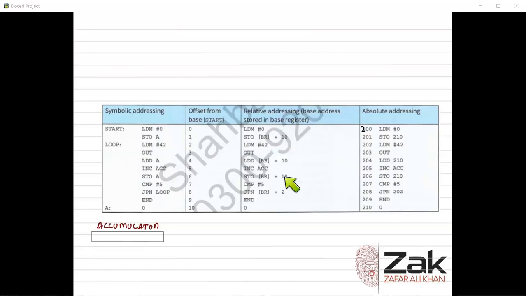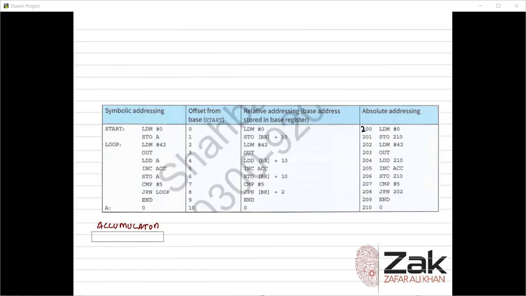Then comes the base relative address with the help of base register. Now what is base? Base register holds the address of first instruction of the program.